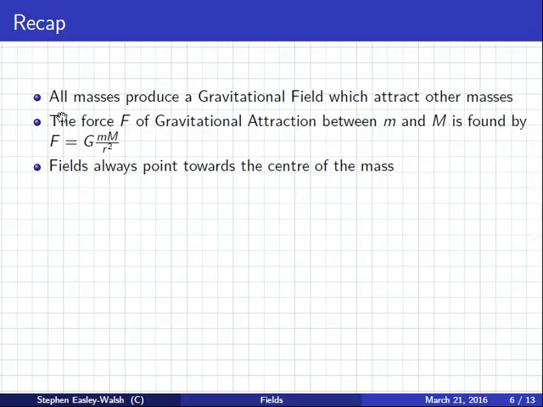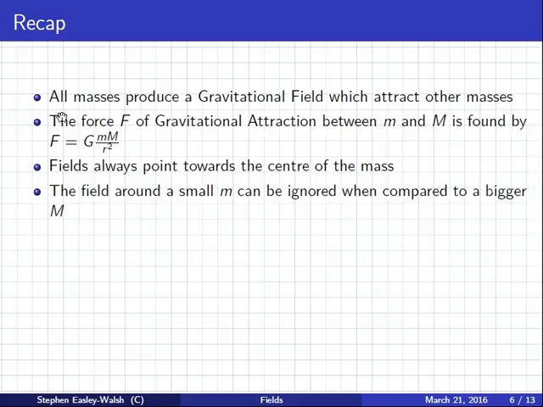Gravitational fields always point towards the center of the mass. The field around a small mass can be ignored. So, for example, here there's a small field, but you can ignore it because it's so small.